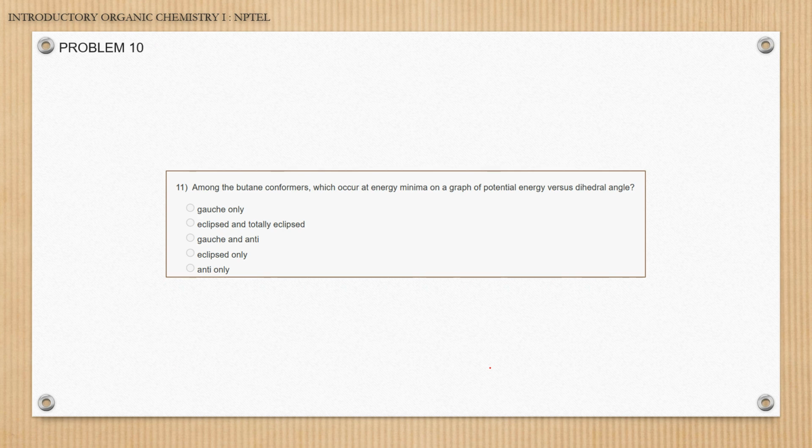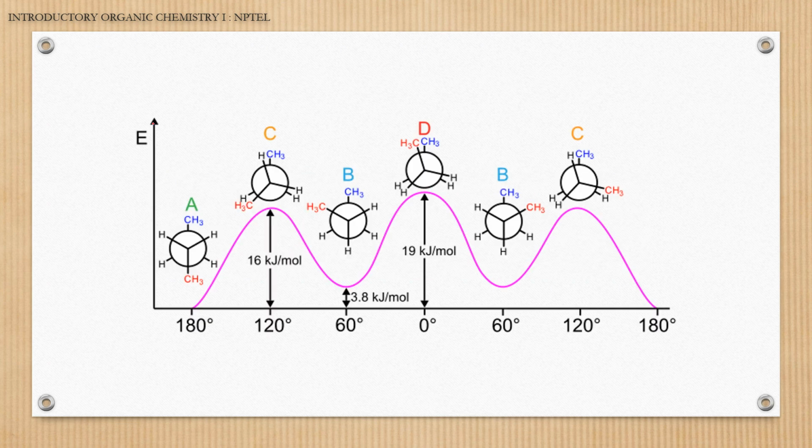They are asking whether it is a gauche conformation, eclipsed or totally eclipsed conformation, gauche and anti conformation, eclipsed or anti only. So, this is the energy profile of this particular conformer of butane. They are asking about the energy minimas. Fine, so these are the energy minimas.